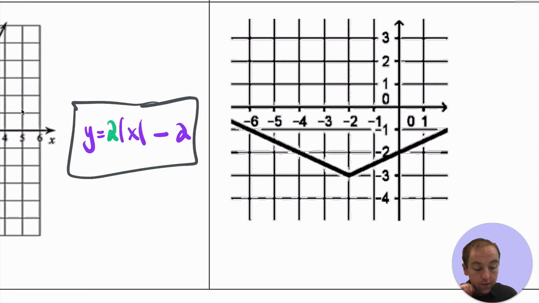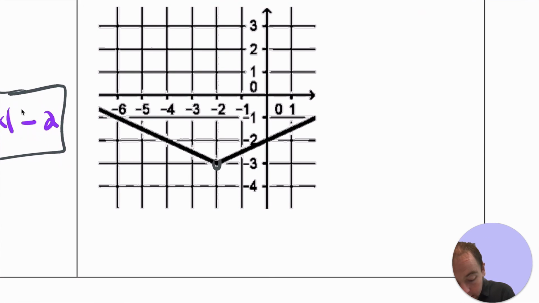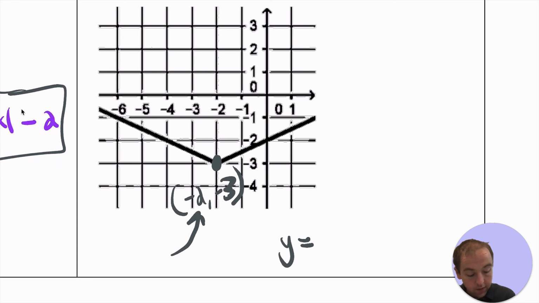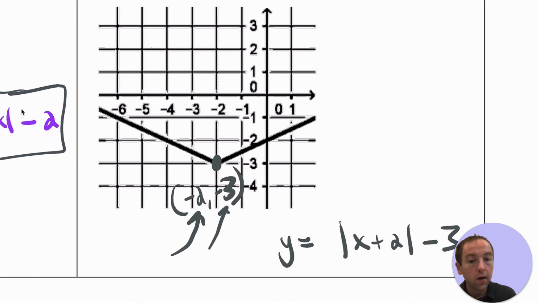And then finally, for the very last one right here, you'll notice that we have coordinates (-2, -3) for where the vertex is. So what that's going to correspond to then is this -2 is a horizontal shift left 2. So inside the absolute value, you're going to see the quantity of x plus 2 when it moves to the left 2. And then when it moves down 3, you're going to see a subtraction of 3.